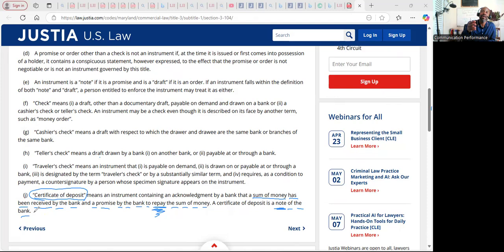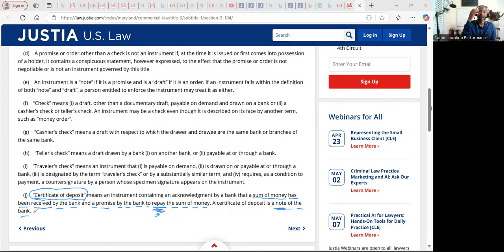Once they accept it, then they give you a bank receipt, and that bank receipt is a note, right? And you could take that note and make a deposit in another bank, right? You have to endorse it, right?